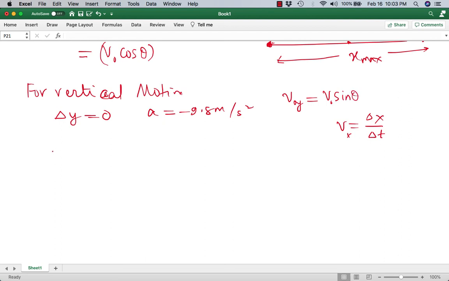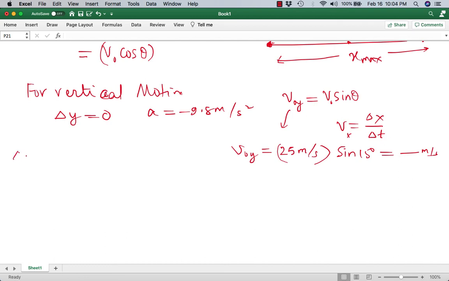So what you do is you find this first. V0y is V0, which is 25 meters per second, sine 15 degrees. So find that, and then use this formula to find time.